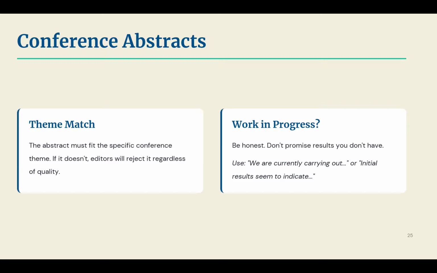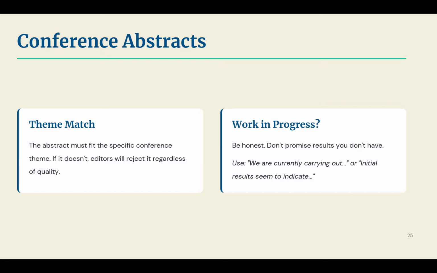And if you are writing an abstract, do not try to pretend that you are done with the whole research. If you are simply reporting something out of ongoing research, which is work in progress, be honest. Tell them that this is part of the work still going on. You are reporting some episode of that, right? Never ever promise results that you do not really have by the time of writing the abstract.